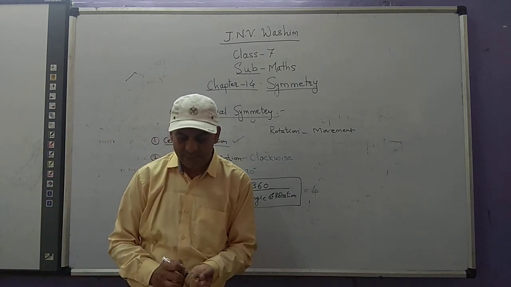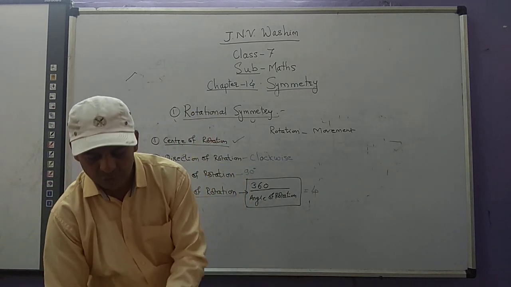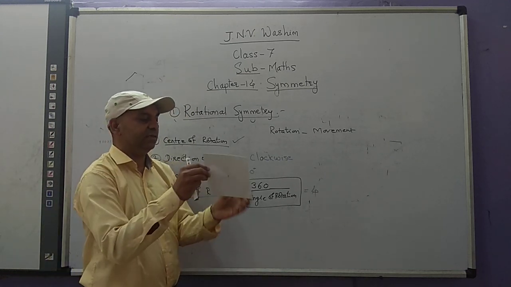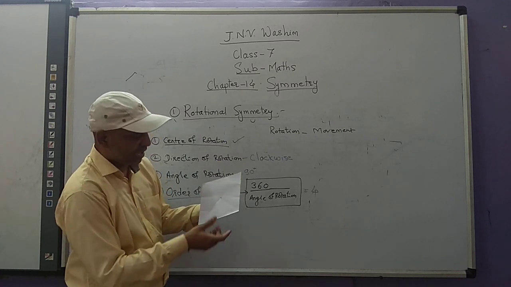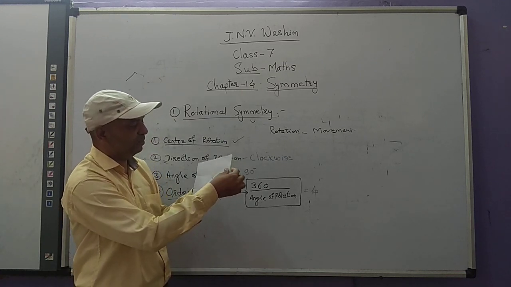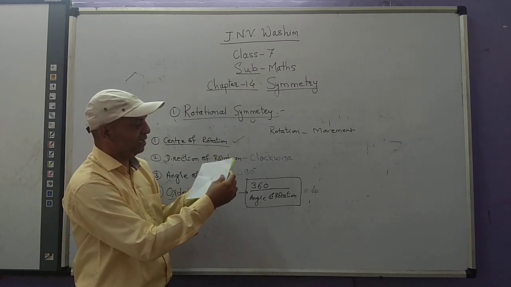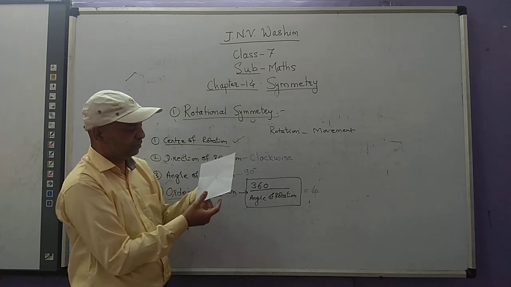Now another example of rotational symmetry is a parallelogram, and there are two parallelograms. One is a white piece of paper and another is green.